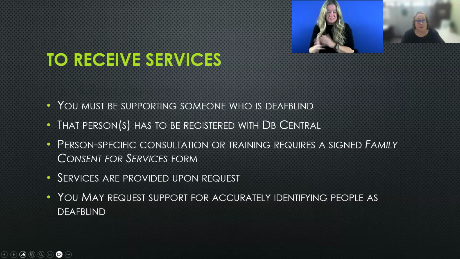For you all, you might have a lot of students who have DHH, deaf, hard of hearing, as their IEP eligibility. But that person might have additional disabilities, right? That's why we're here talking today. If one of those additional disabilities is a vision loss, then they probably can receive services from DB Central.